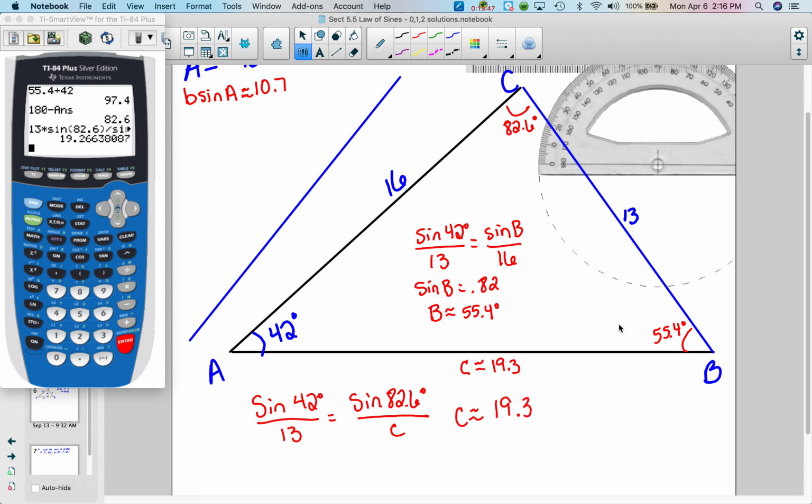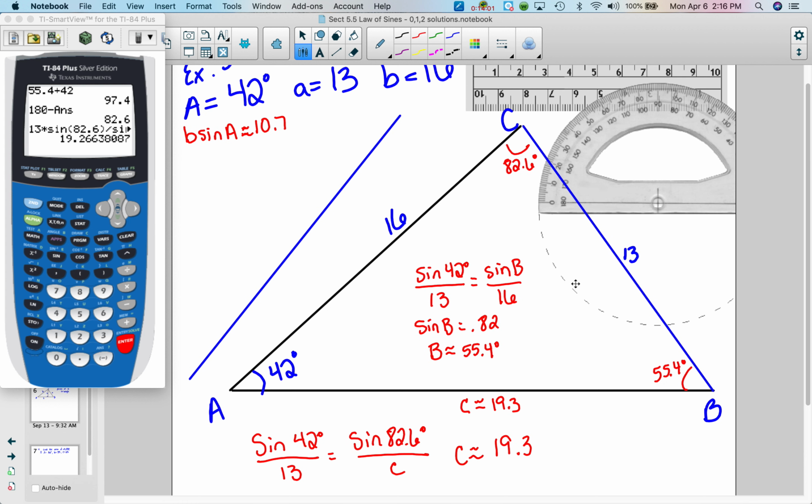Now, I want to point out too, notice that the smallest side is opposite the smallest angle, and the largest side is opposite the largest angle. So remember, that's a property with triangles that you need to remember. That can come in handy. So there's one of my solutions.